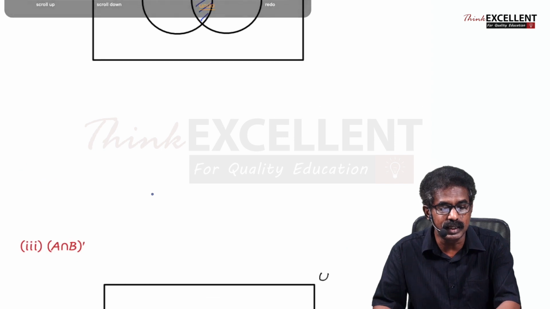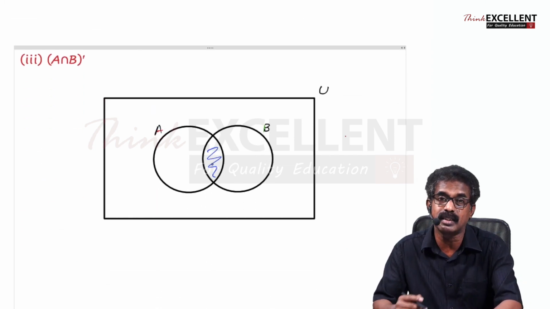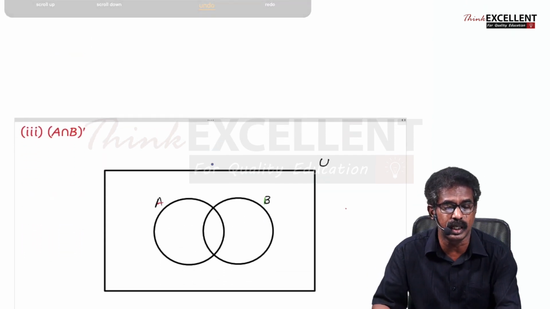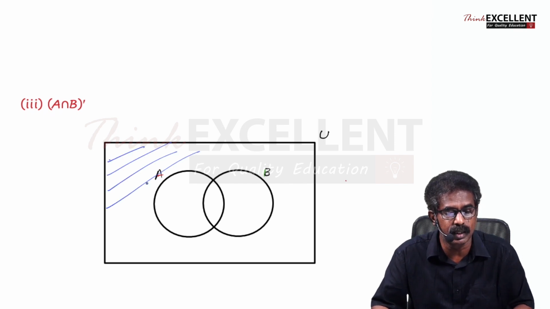That is A intersection B the whole dash. You know, this is A intersection B, right? Now we want A intersection B the whole dash. So that means leave that portion alone, leave that portion and shade all the remaining. Using a good scale and pencil, you can shade it very easily, right?